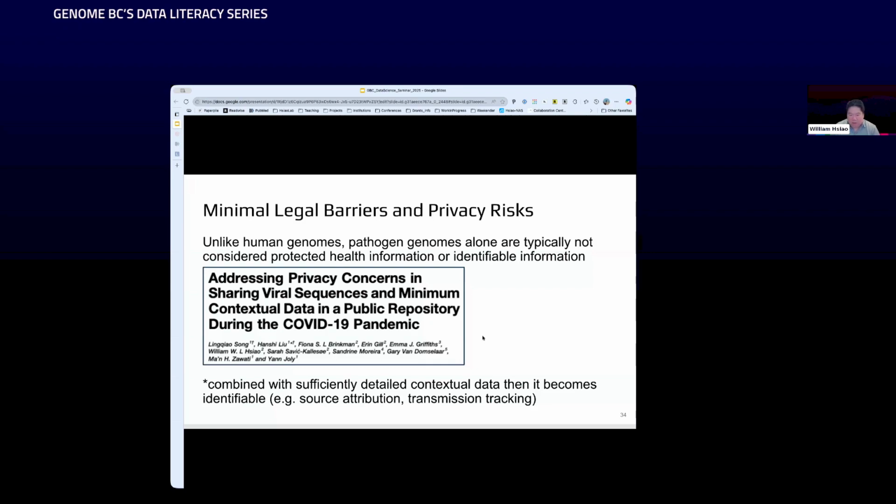Because we know that if you combine a sufficient number of fields that are not directly identifiable, but indirectly identifiable, then this could still lead to a sample being attributed to an individual. In other words, the individual's identity being discovered through the publication of these so-called de-identified information.